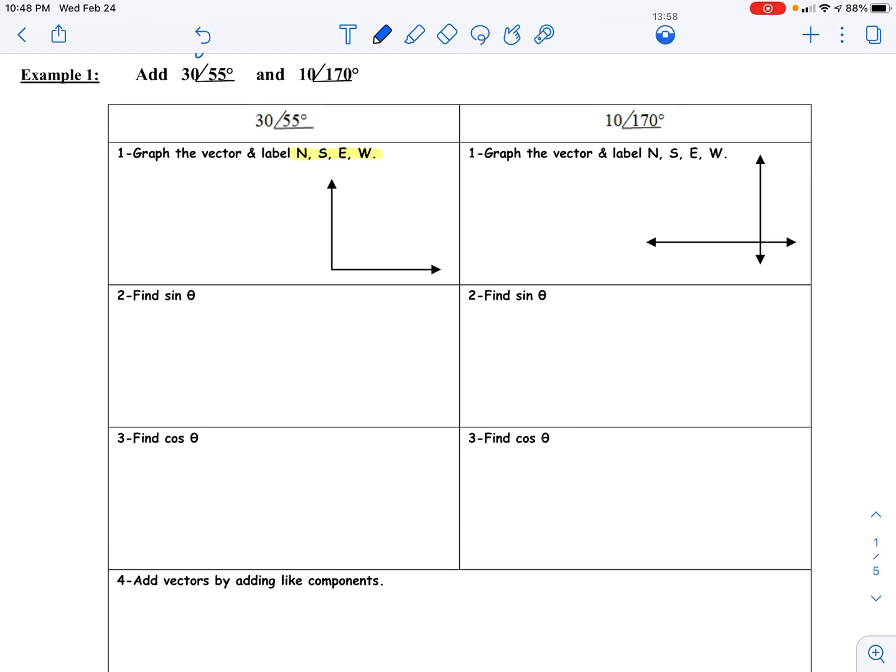All right, so we're going to graph 30 at 55. The first thing we do is put our pencil on our x-axis, and we're going to travel counterclockwise about 55 degrees. Well, we know that 45 is about halfway to the y-axis, so we're not going to get quite to the y-axis, but we're going to go slightly over half, so maybe about right here.